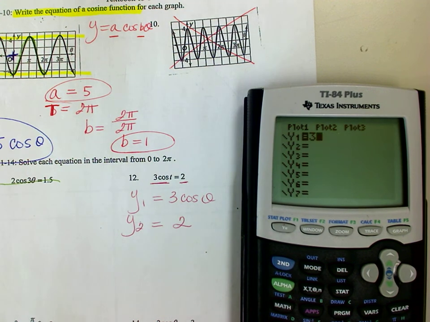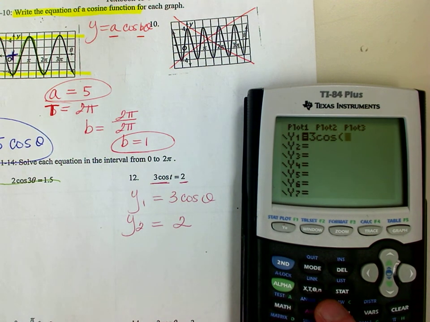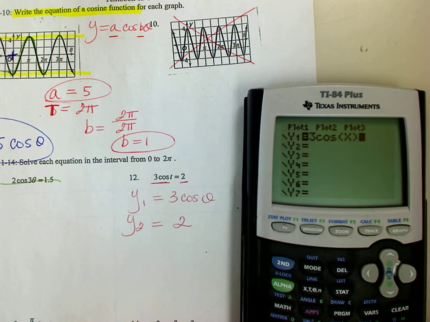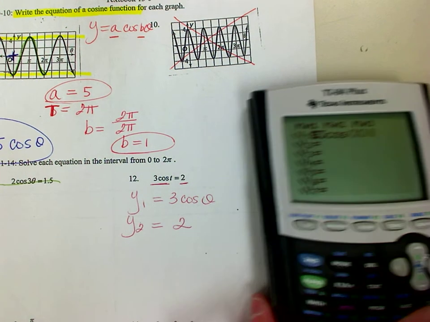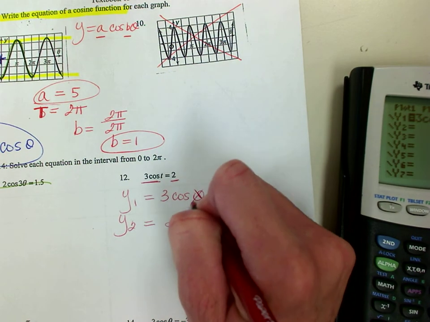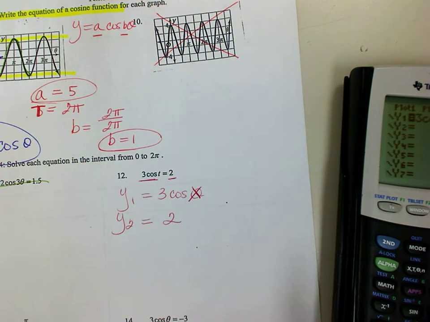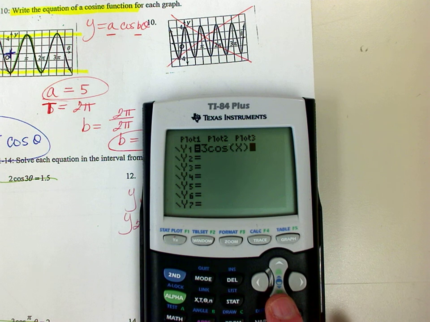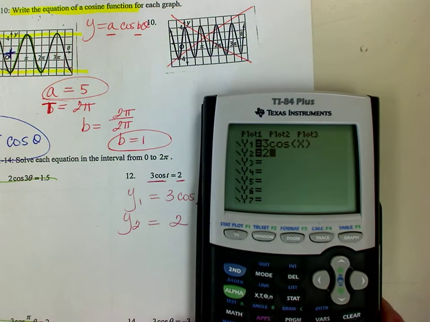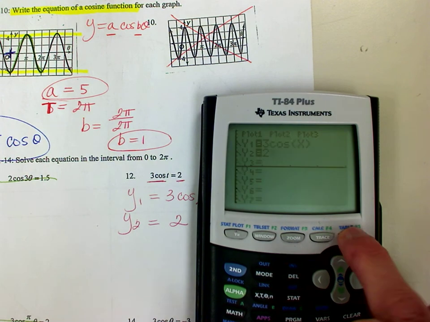Okay, so 3 cosine, and then you can use x really if you want. You can use any variable. This says t, I'm going to use x. It doesn't really matter. And then y2 I said was just 2. Now since I already fixed my window, I'm going to hit graph.